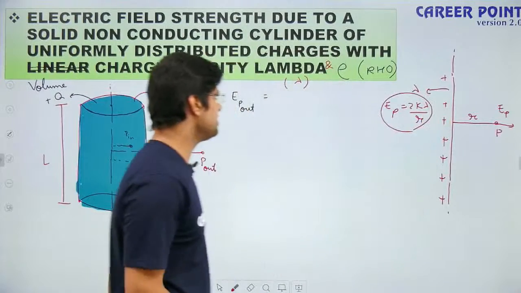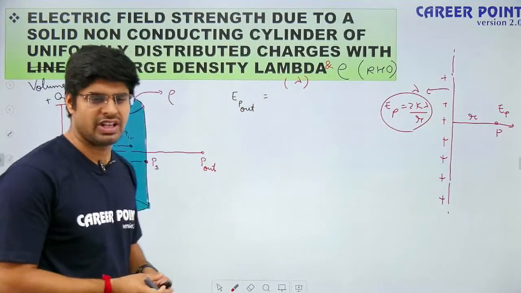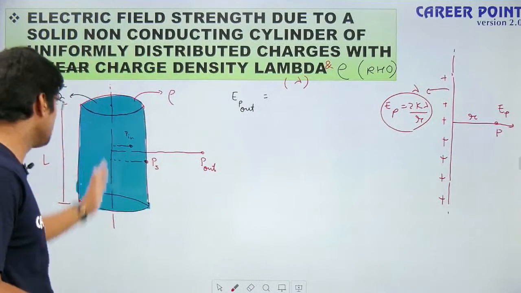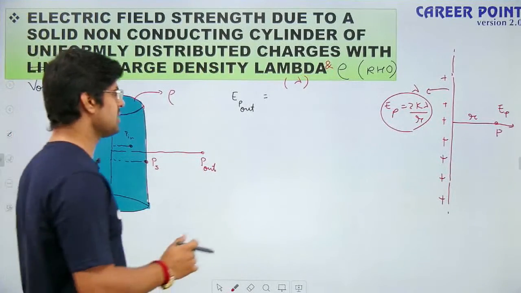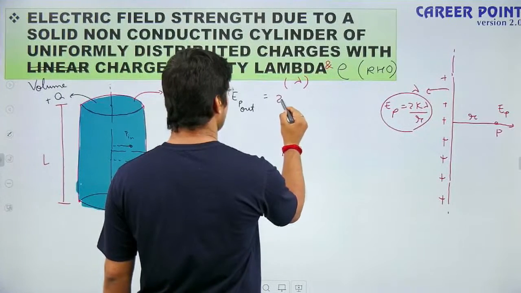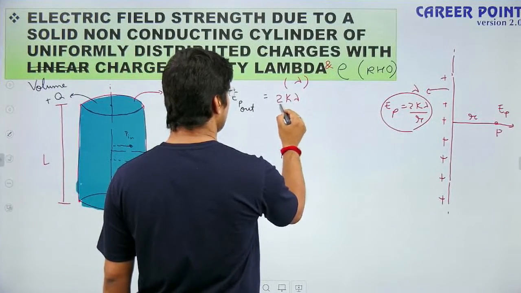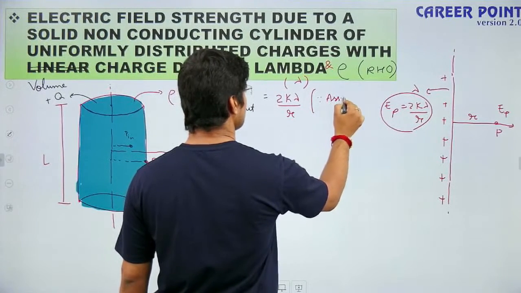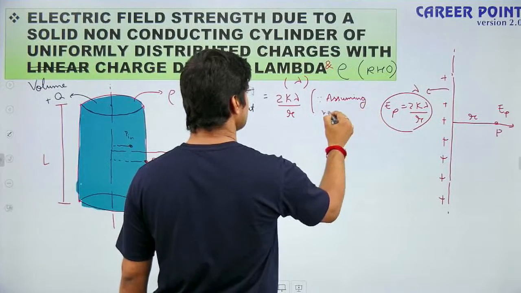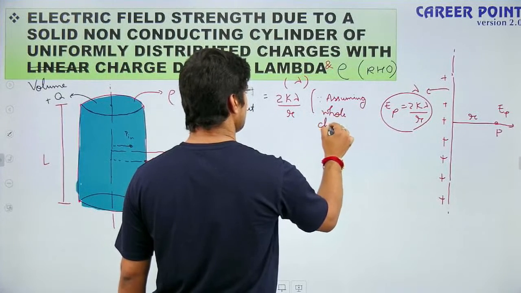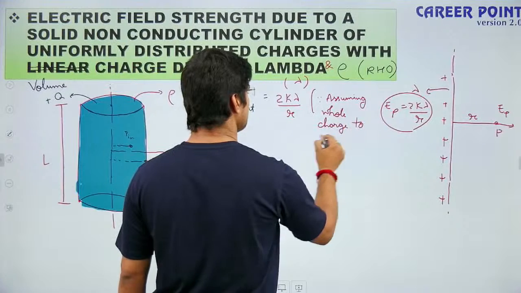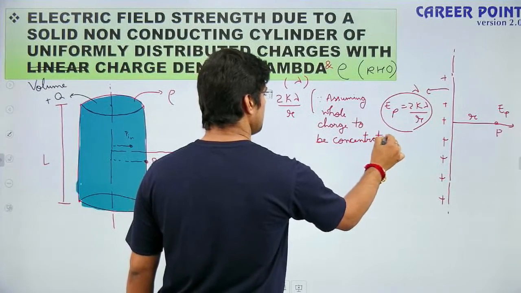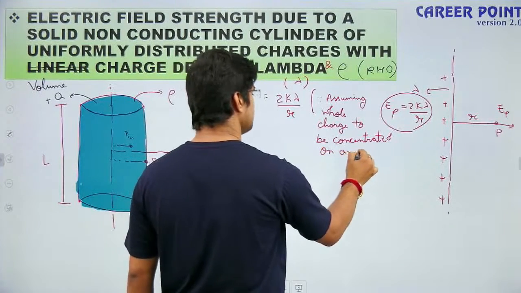So for using that, I have mentioned lambda again, and I am assuming for an outside point P, that is this, the whole charge to be concentrated on the axis of the cylinder. So I can write 2k lambda by r, assuming whole charge to be concentrated on axis of cylinder.